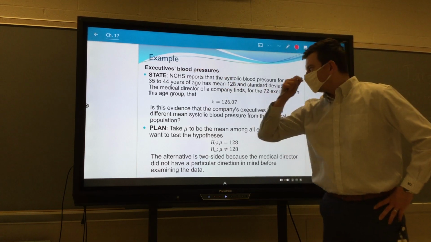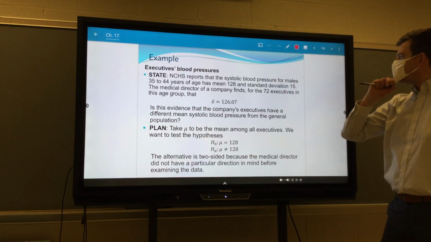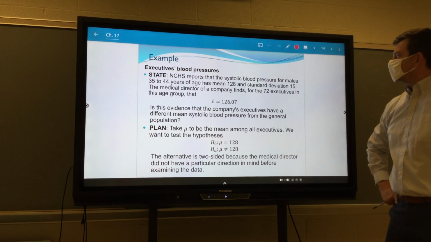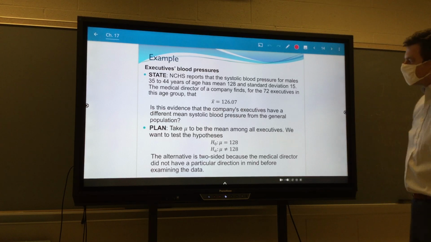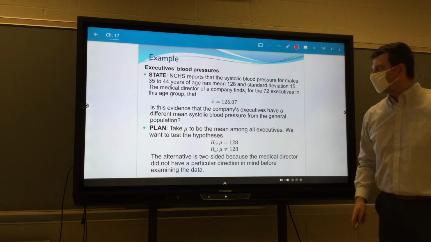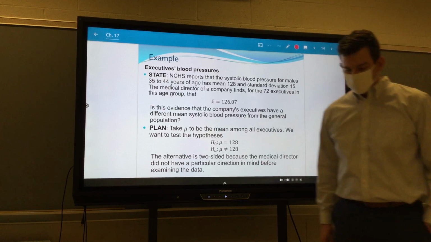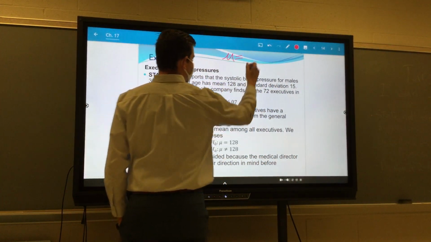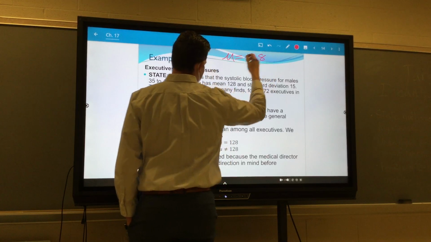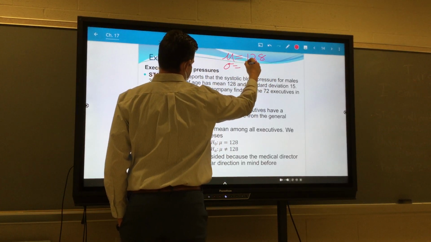This committee reports that the systolic blood pressure for males between the ages of 35 and 44 has a mean of 128 and a standard deviation of 15. The population's mean is 128, standard deviation is 15.